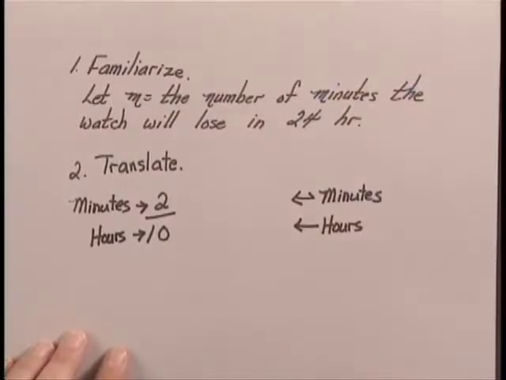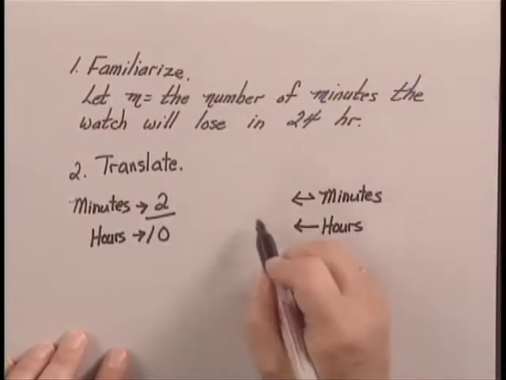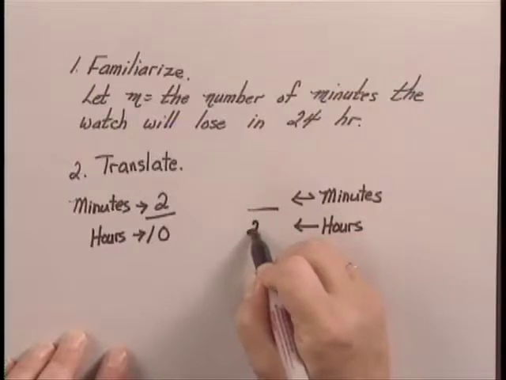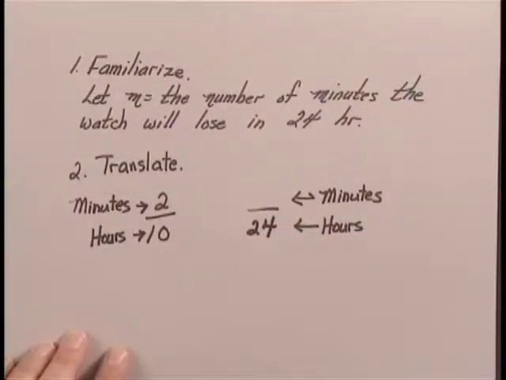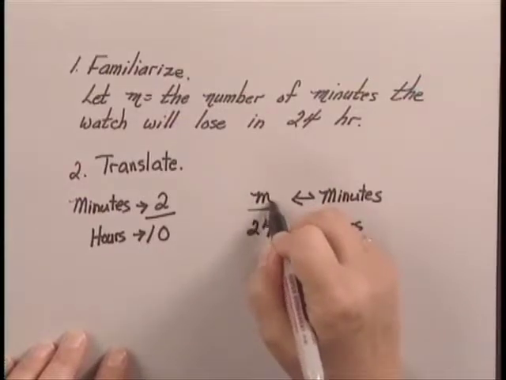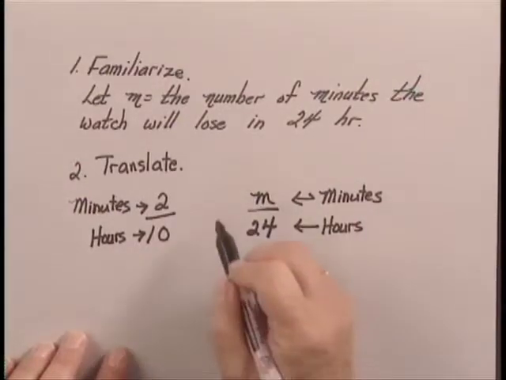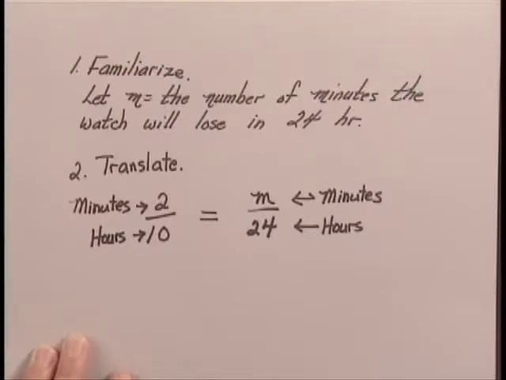Now we're asked how many minutes it will lose in 24 hours, so the 24 should go in the denominator. And we define m to be the number of minutes the watch will lose in the 24 hours, so we write m. Since the rates are the same, we can set these equal to each other, and we have a translation to mathematical language. So our third step is to solve that equation.